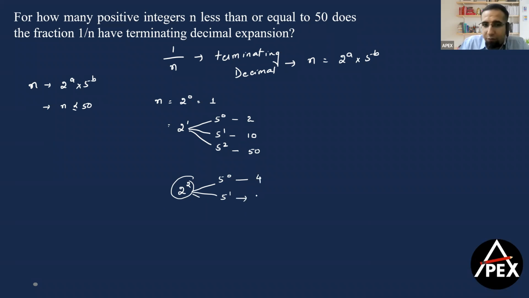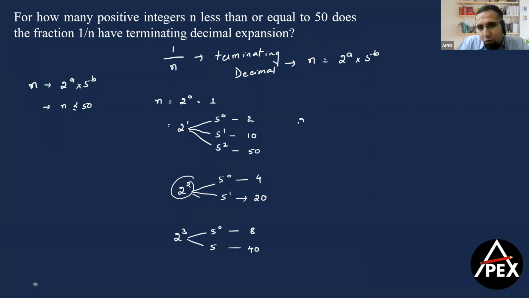Similarly, if the denominator is 4 fives, that is 20, it is also a terminating decimal value here. Clear? Now, can n take 2 cube? Yes, 2 cube is 8. 8 into 1 is 8. Similarly, 8 into 5 is 40. I cannot go with 5 square because 5 square is 25, and 25 into 8 becomes 200. Clear? And 200 is not within our zone.